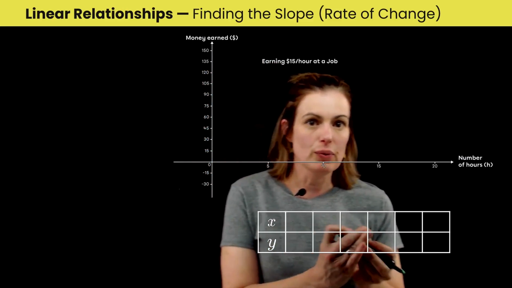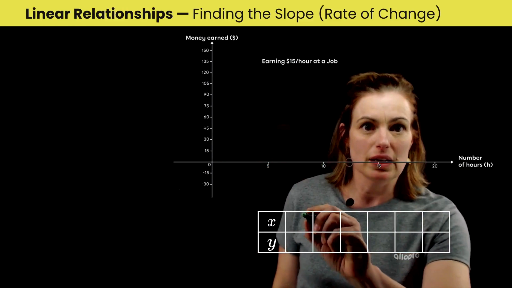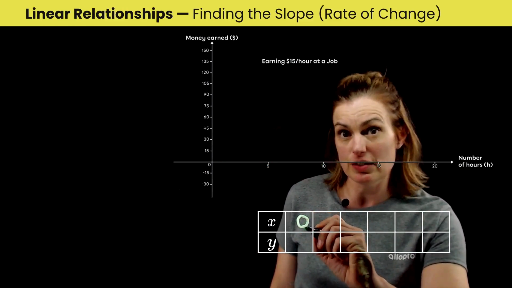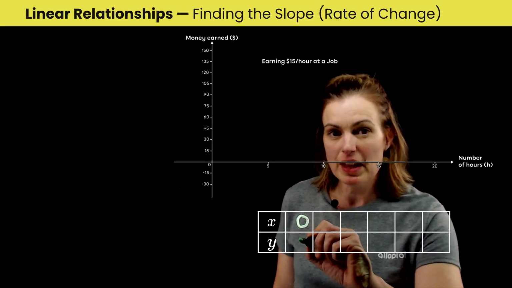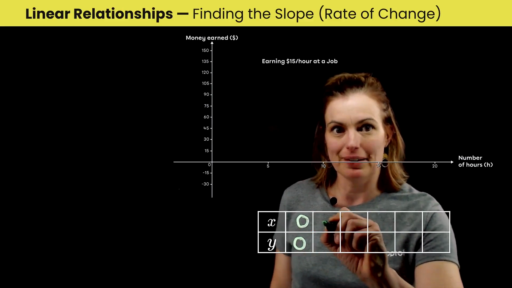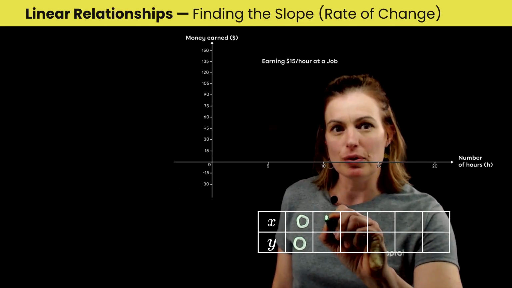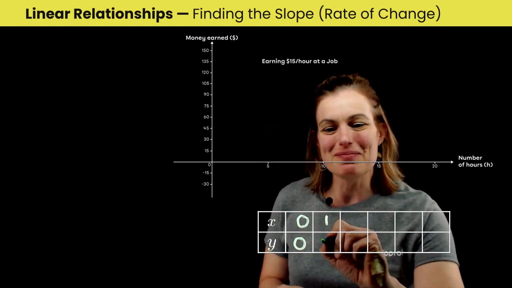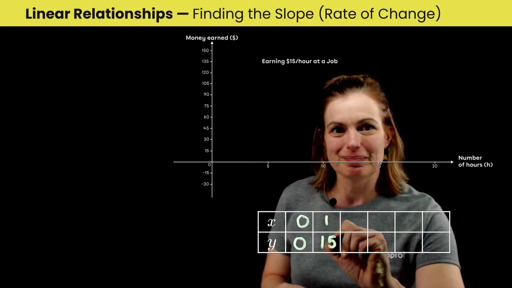All right, so if we know that the person is working 0 hours, which we've identified as our independent variable, then we know that they're going to be making 0 money. All right, makes sense? If the person works 1 hour, they're going to be making $15.